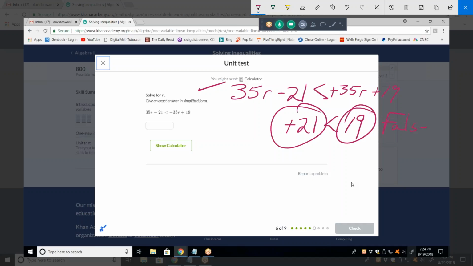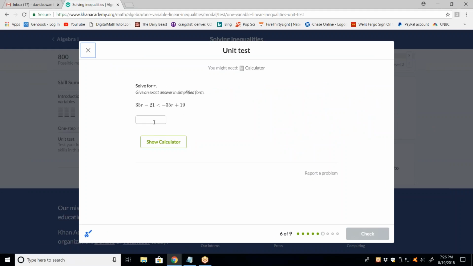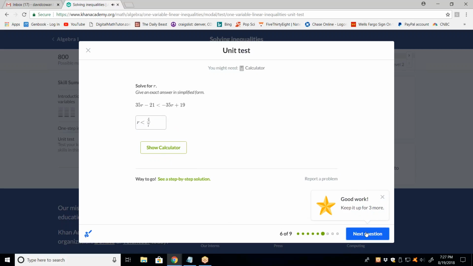So it would not be true for any R. So when the variable disappears and the statement is still true, then it's true for all R. In this case, what did we have? 4/7. R is less than 4/7. Well, at least it doesn't make you use this quotient box to do that.